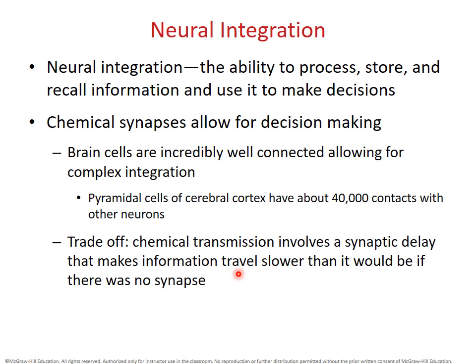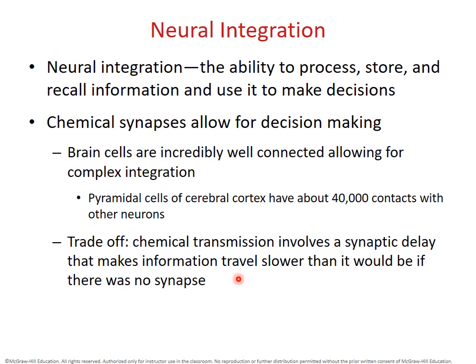Essentially what causes synaptic delay is all the things that have to happen between when the action potential arrives at the axon terminal and the generation of a new action potential in the postsynaptic cell at the trigger zone. So again, between those 2 points, a lot has to happen.